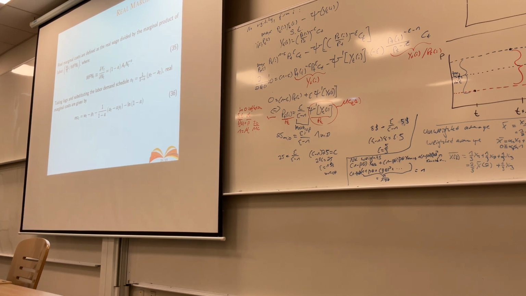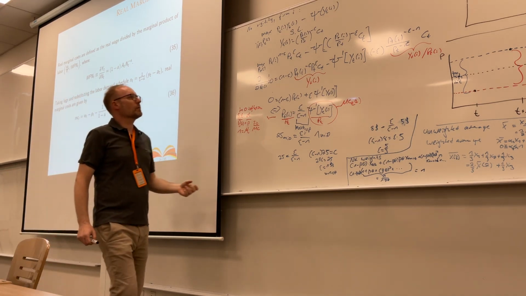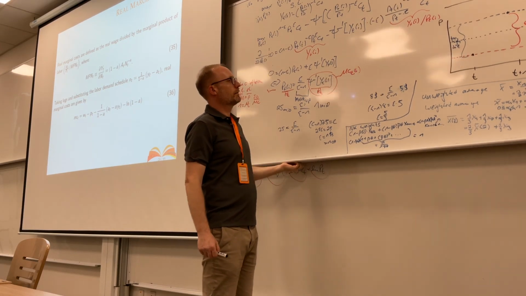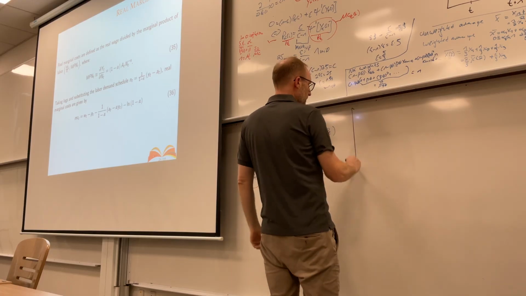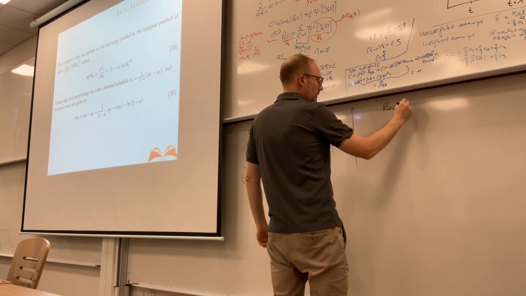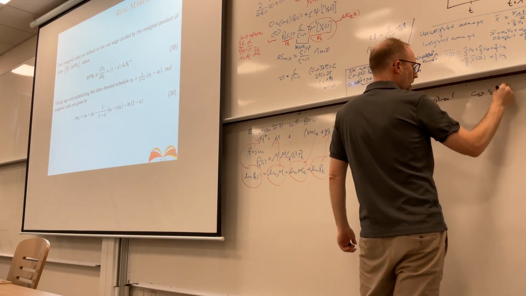Okay, then we have our real marginal costs. Right, where do they come from? This is always, so our firm's real marginal cost.